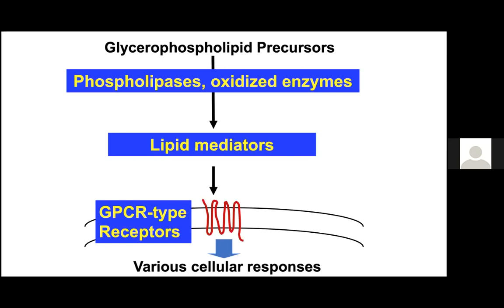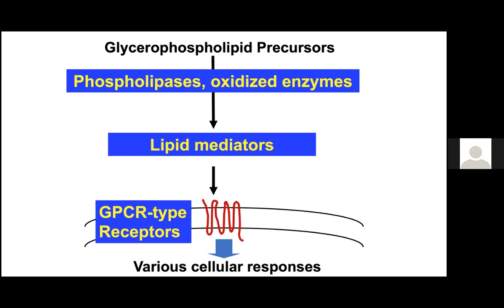Glycerophospholipids are also important as precursors of lipid mediators. To produce lipid mediators, glycerophospholipid precursors are subject to various phospholipases and oxidative enzymes. These lipid mediators are mainly recognized by G-protein coupled receptors, which in turn trigger a variety of cellular responses.